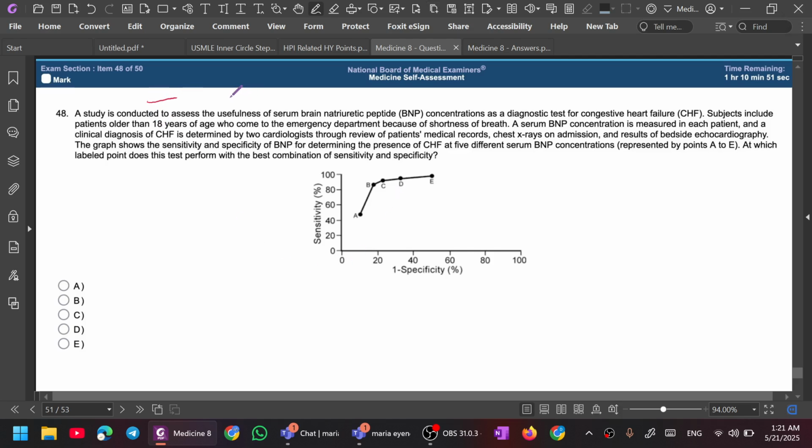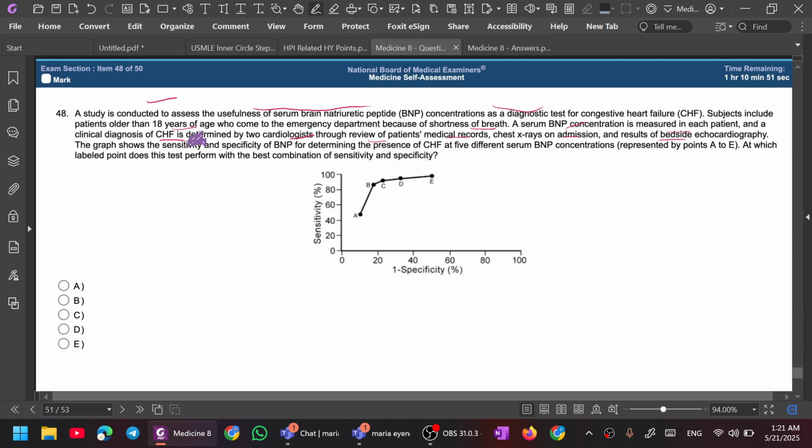A study is conducted to assess the usefulness of serum BNP concentration as a diagnostic test for CHF. Subjects older than 18 years of age come to the emergency department because of shortness of breath. A serum BNP concentration is measured in each patient, and a clinical diagnosis of CHF is determined by two cardiologists through review of the medical records, chest X-ray, and results of bedside echocardiography.